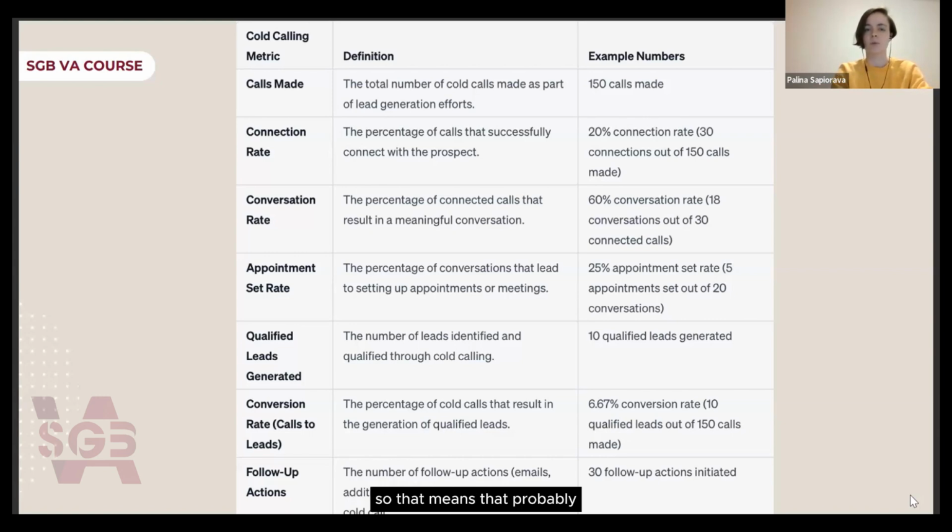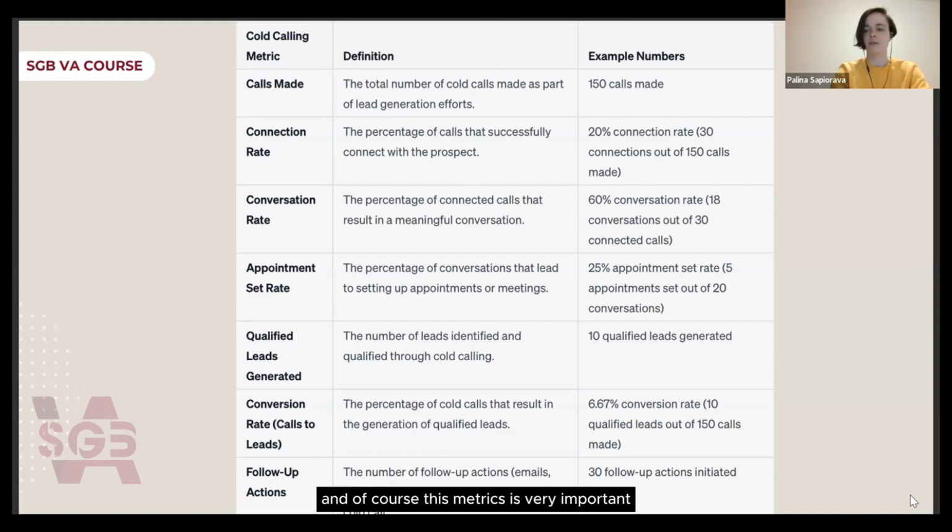That means that probably your outreach messages were successful, but people aren't interested for some reason. Or probably they asked you to contact them later, which is a good thing, because it means that you can nurture these clients and they might become potential buyers in the future.